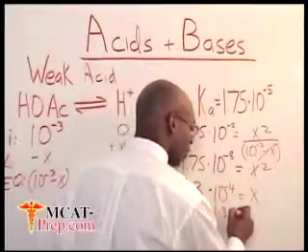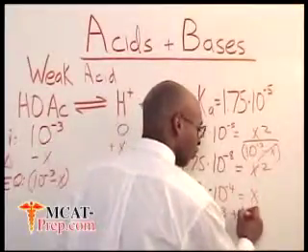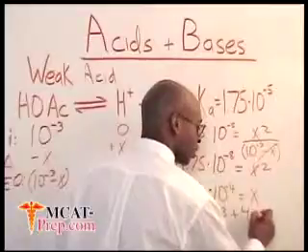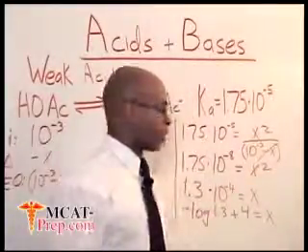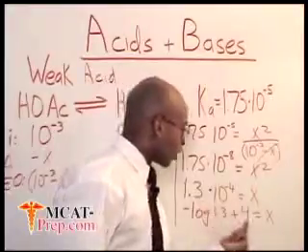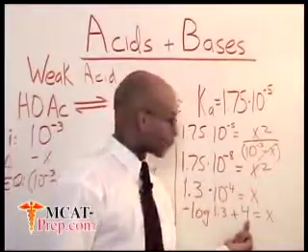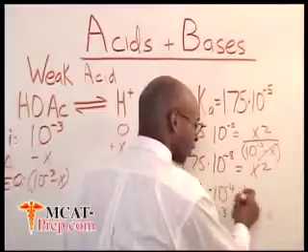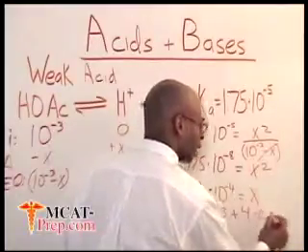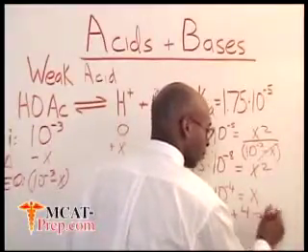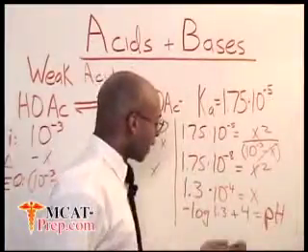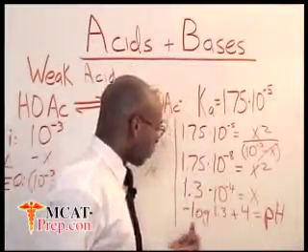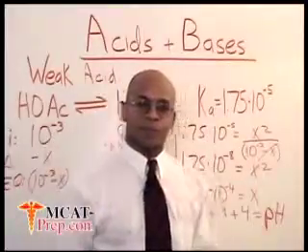And then we end up with plus 4. Therefore, we have 4 as our pH. Actually, pH is going to be the negative log of x. That would be more accurate. Now we would end up with 4 minus log 1.3.